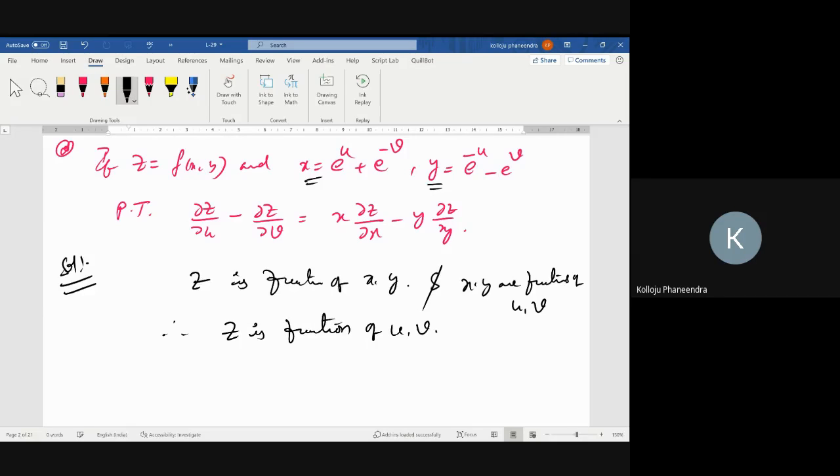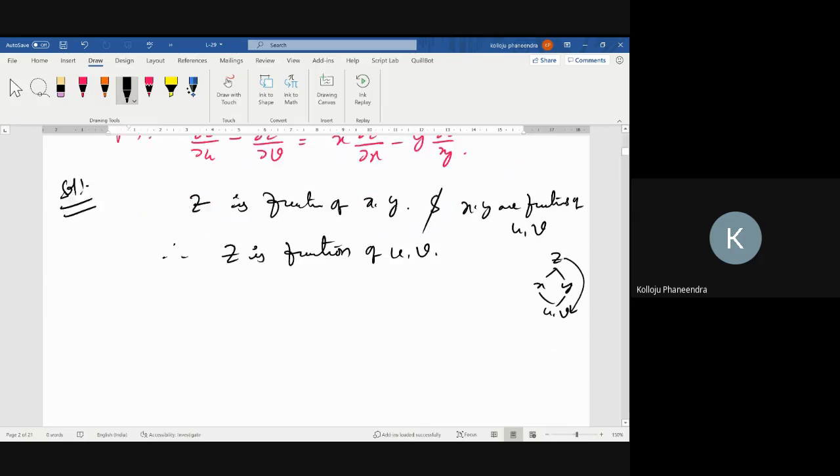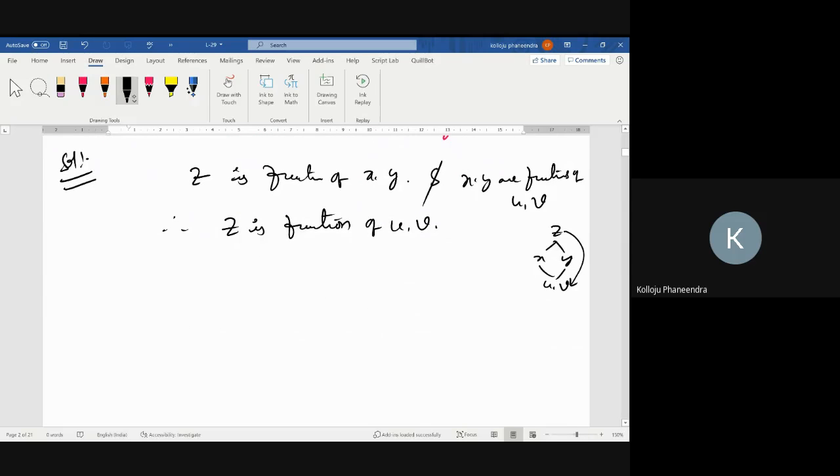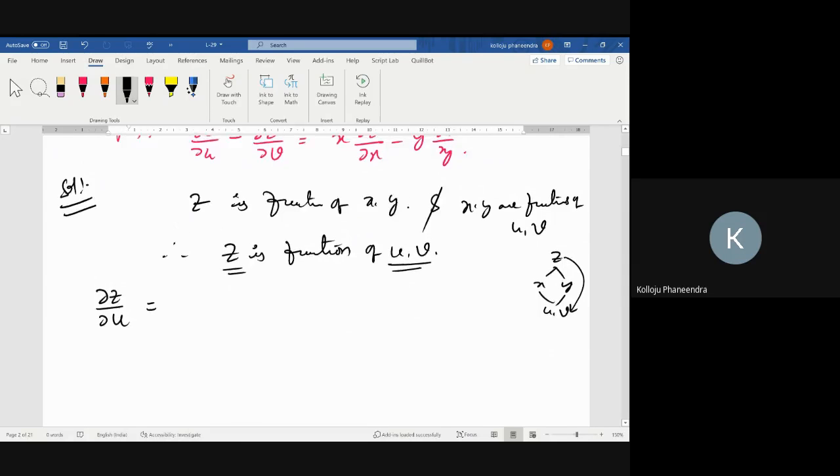What is the idea? Z is a function of x and y. X and y are both functions of u and v. Therefore, z is a function of u v. Z is now a function of two variables. Therefore, dou z by dou u partial derivative exists. Similarly, dou z by dou v partial derivative exists.